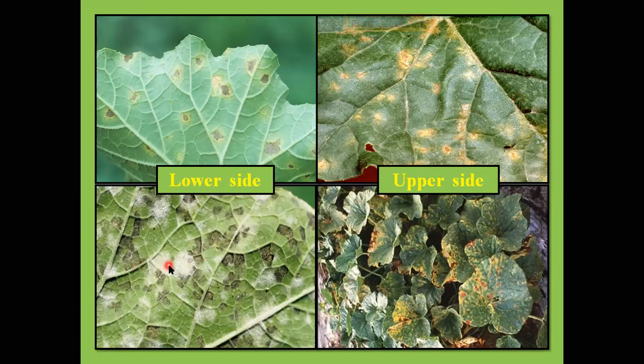Then under favorable conditions, whitish profuse growth is seen on the lower side of the leaf.